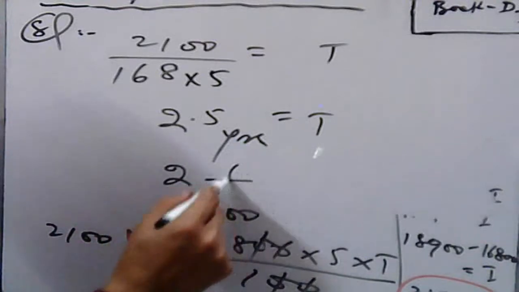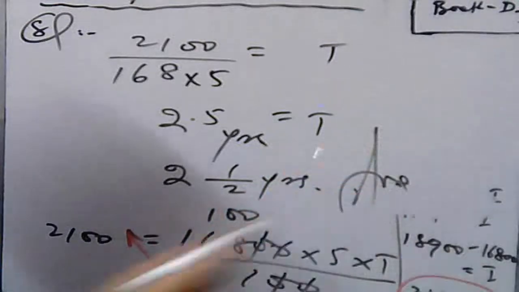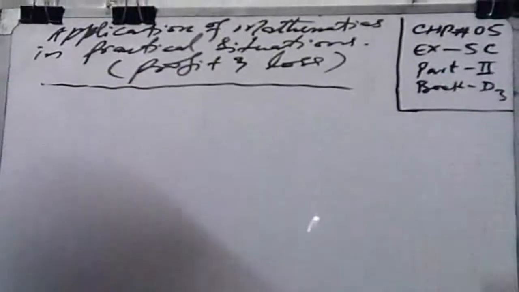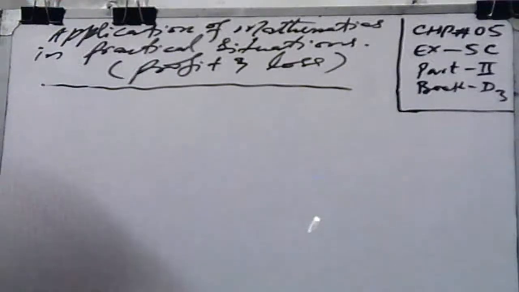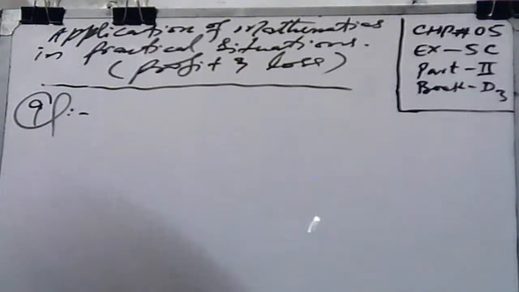Coming to the question number 9. In question number 9, Kate places $5,000 in her bank account. The bank offers an interest of 8% per annum compounded yearly.